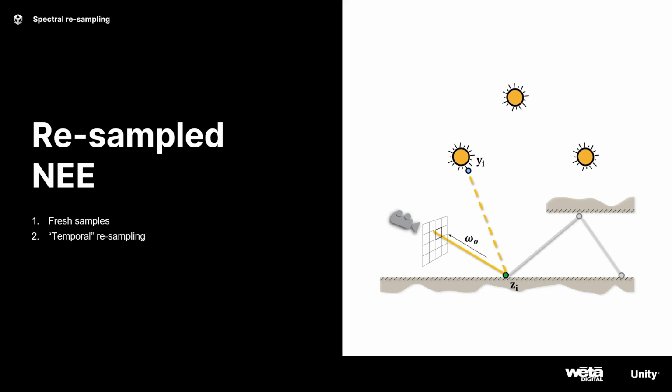Now, for the temporal resampling, we take the fresh sample yi as an input sample, and we look at what we have stored in the current reservoir from the previous iterations. That would be the sample yj.